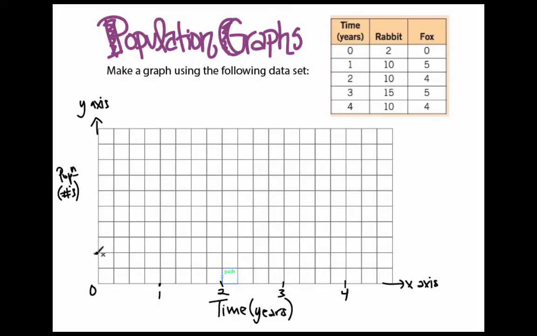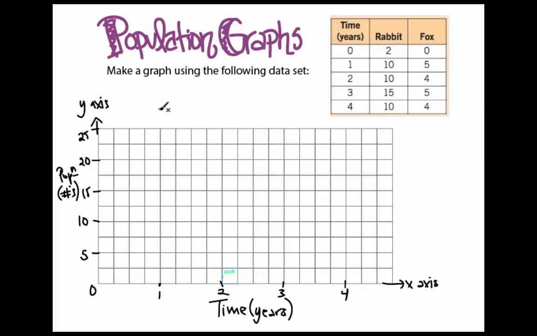And in this case, just for simplicity's sake, I'll go up in intervals of 5. So 5, 10, 15, 20, and 25.